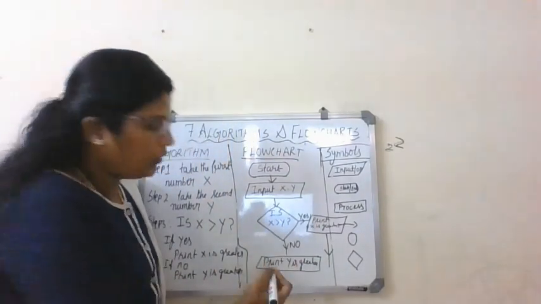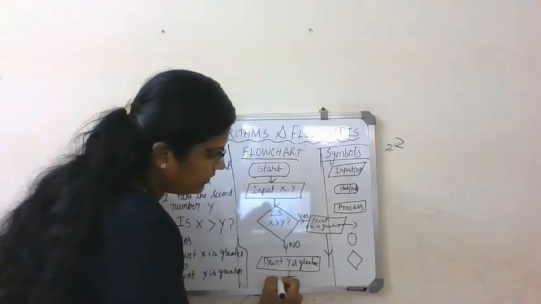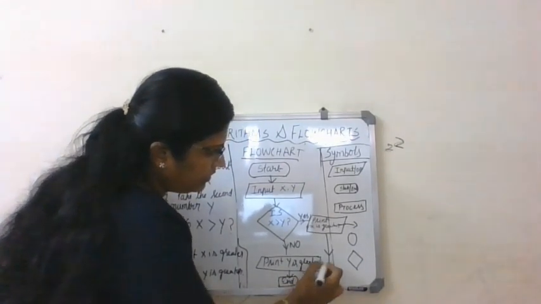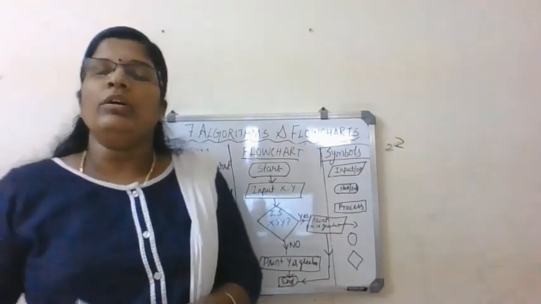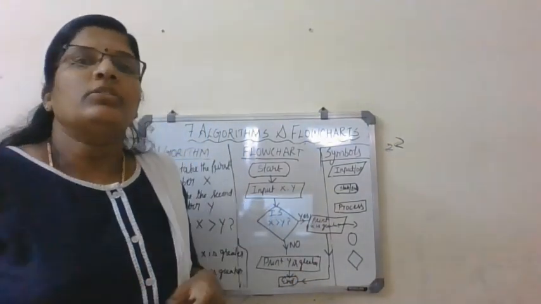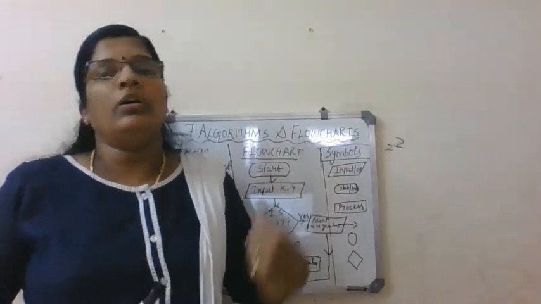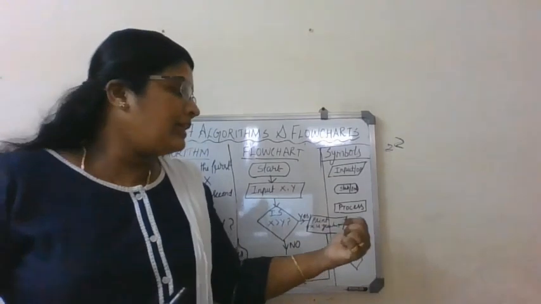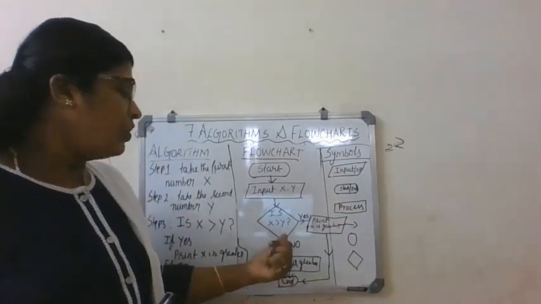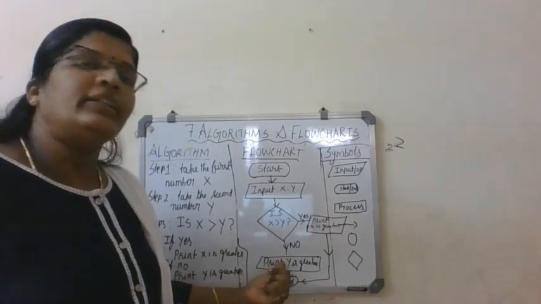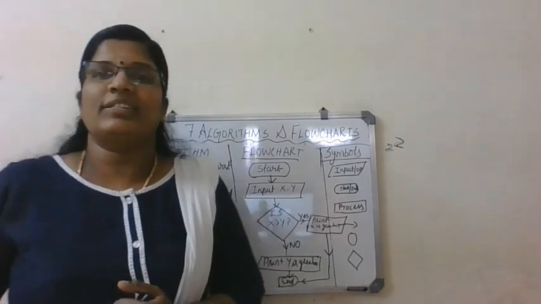And on both sides the program is getting over, so end. So one end box is connected for both. So this question is going to have only one answer, maybe yes or no. If it is yes, after displaying the result, it is the end of the program. If it is no, after displaying the result, also the end of the program. So this is the way the flowchart works.